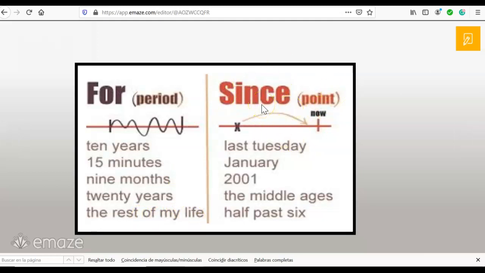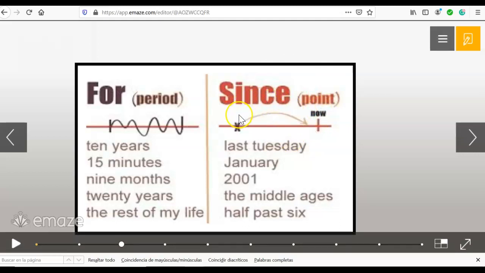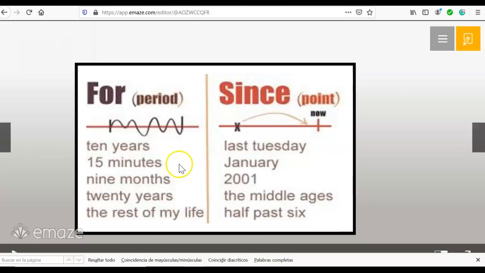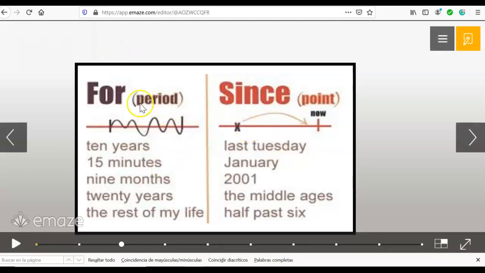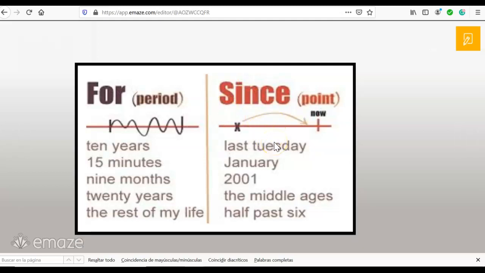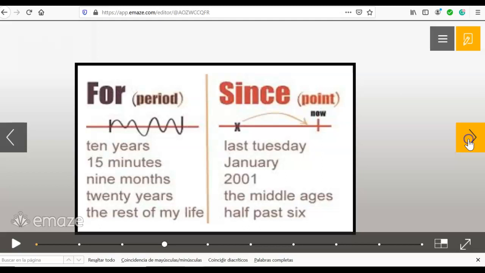Since demonstrates when the action started in the past: since last Tuesday, since January, since 2001, since the Middle Ages, since half past 6. They are different. For is a period of time and since shows when the action started in the past.